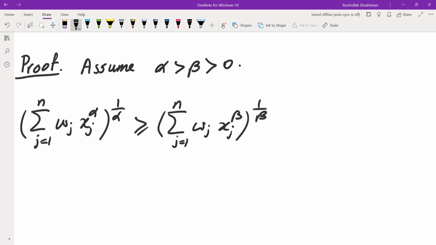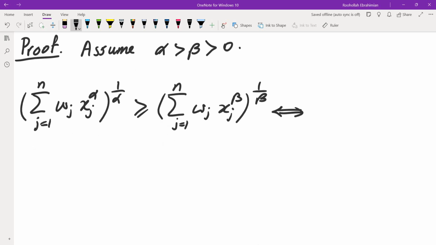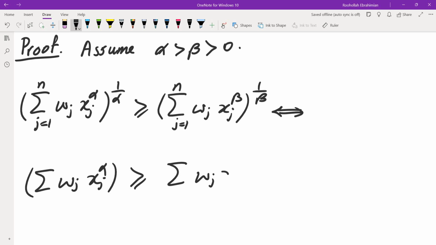So here's what we're going to do. I'm going to raise both sides to the power of alpha to get rid of one of the exponents. That gives me sum of wj xj^alpha is greater than or equal to (sum of wj xj^beta)^(alpha/beta).